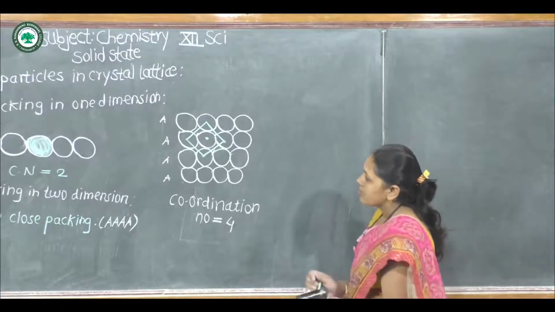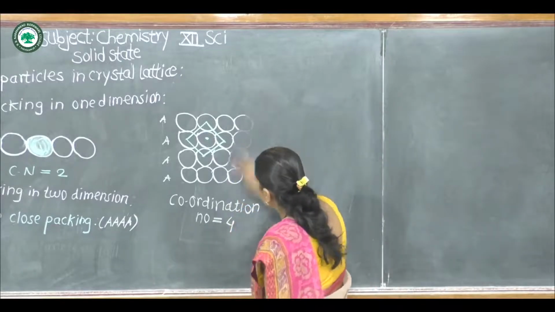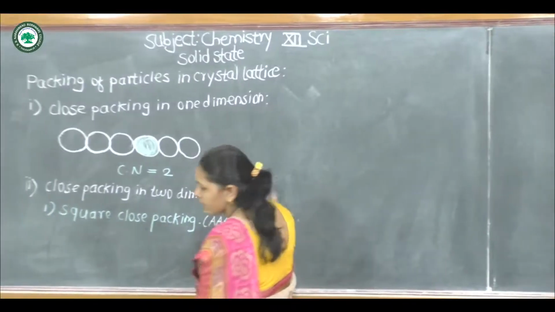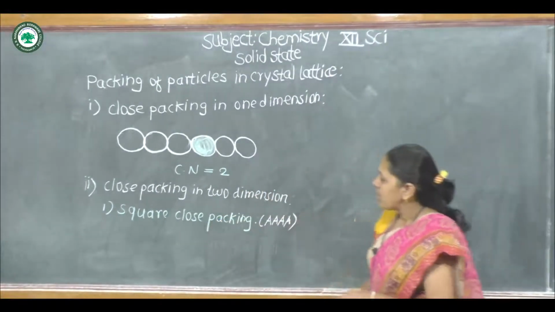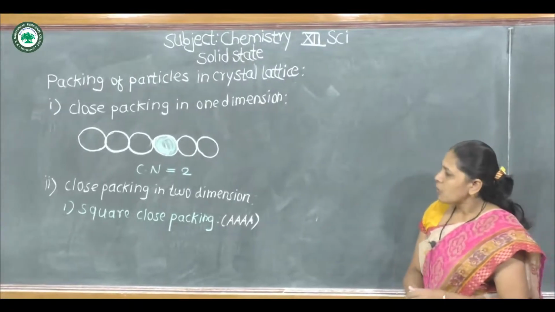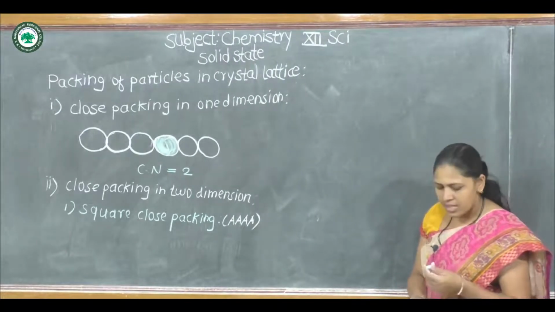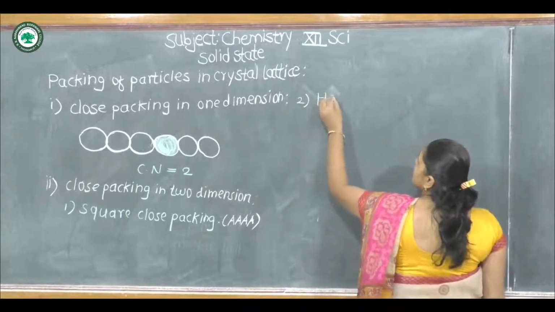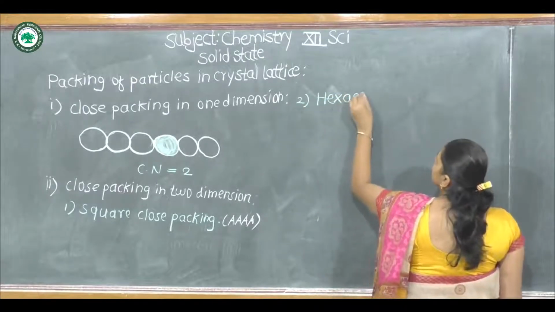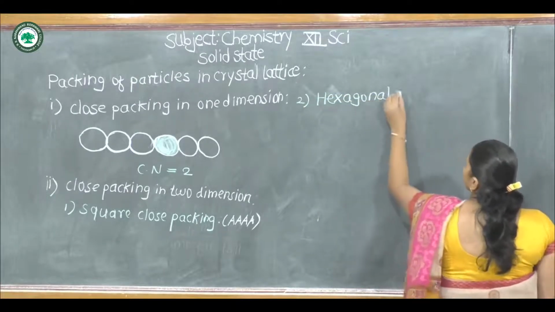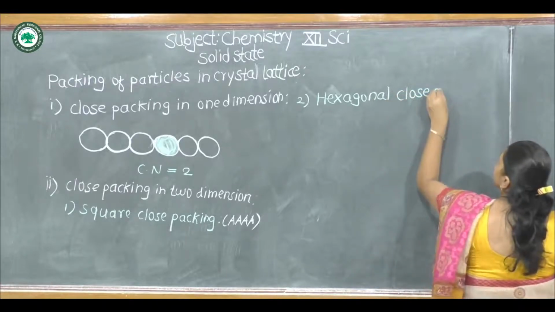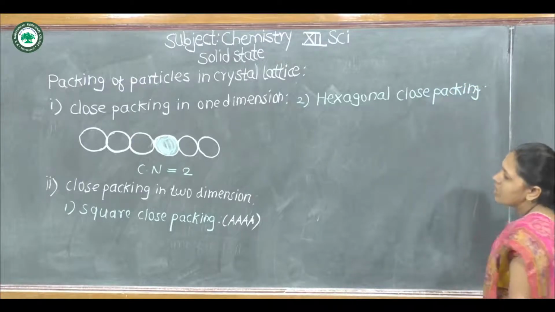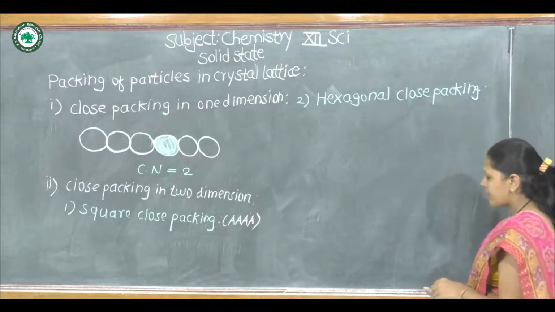The second type of close packing in two dimensions is hexagonal close packing.